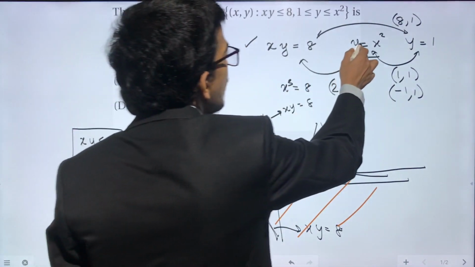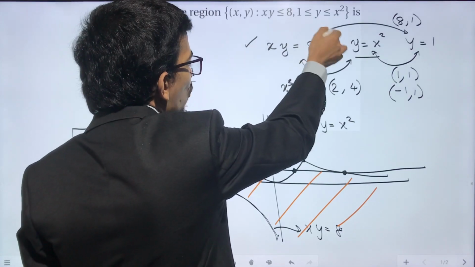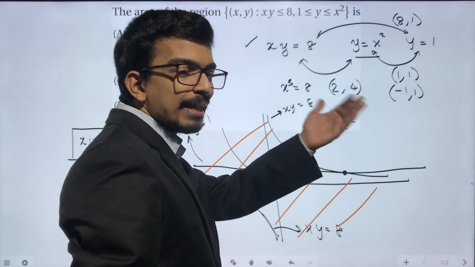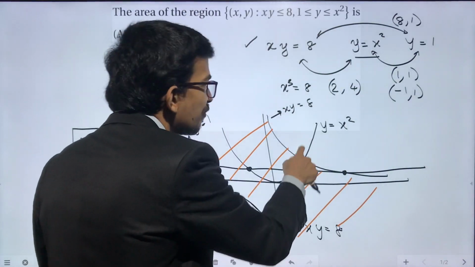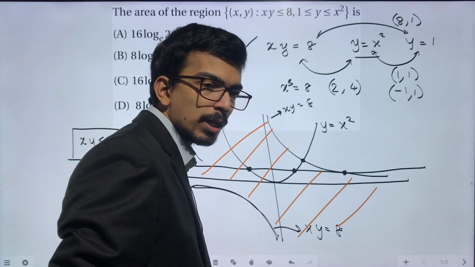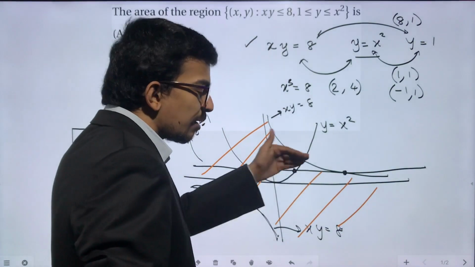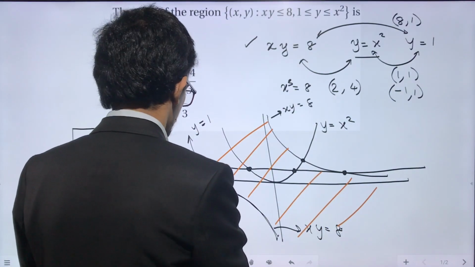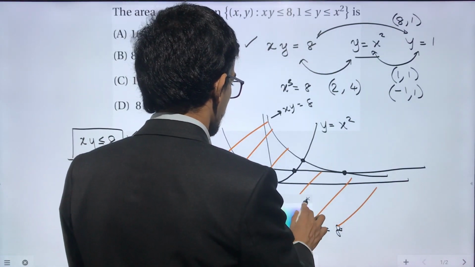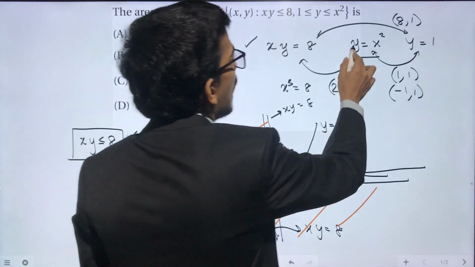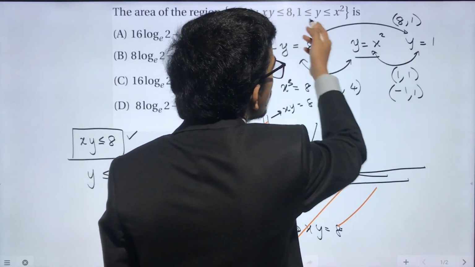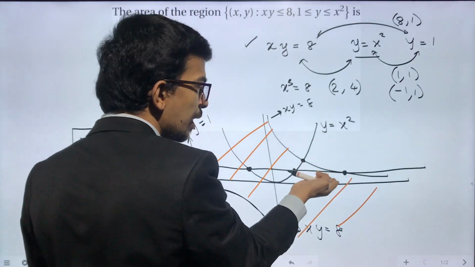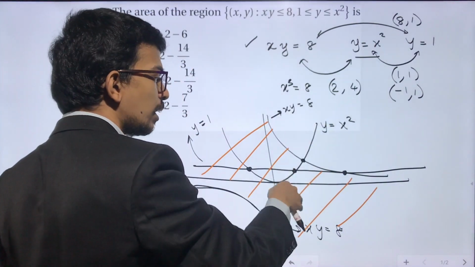Now we have y equal to x squared, and we have to check y less than or equal to x squared. It means below the parabola, because the y value has to be less than x squared. So that will be this region. At the same time, your y value has to be greater than or equal to 1. So it should be above the line but below the parabola.